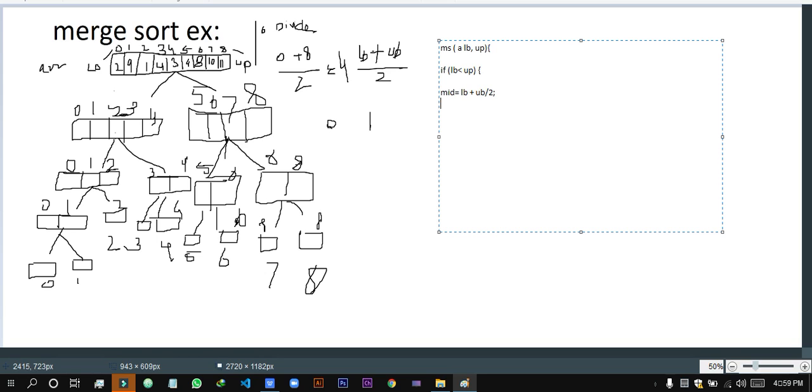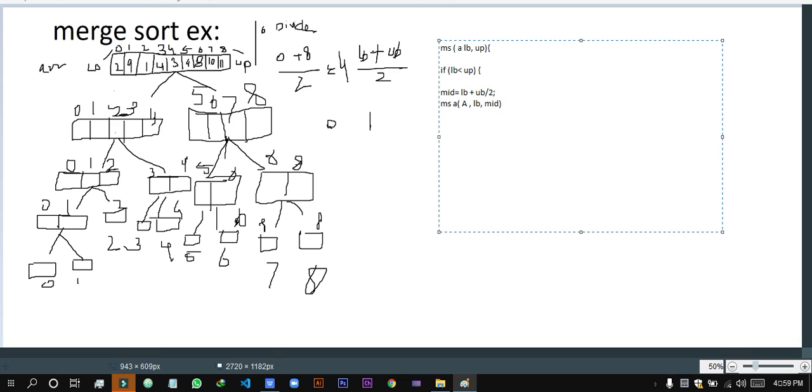After that we just say merge sort A, where A is our array name, and it will start from lower bound to mid, which indicates that our index has been starting from 0 to 4.